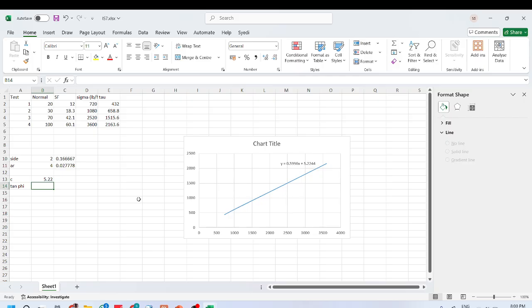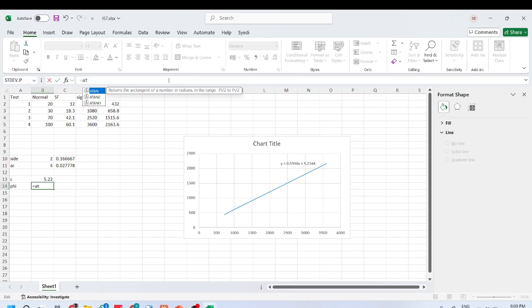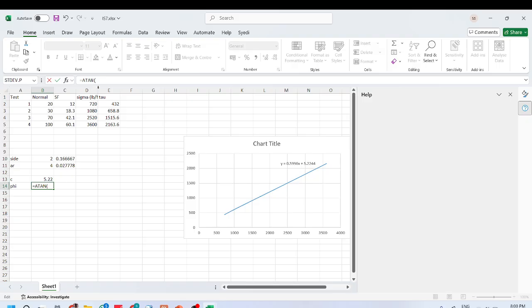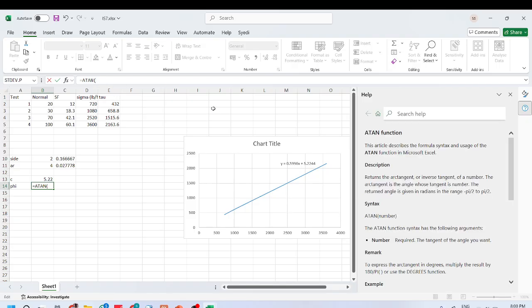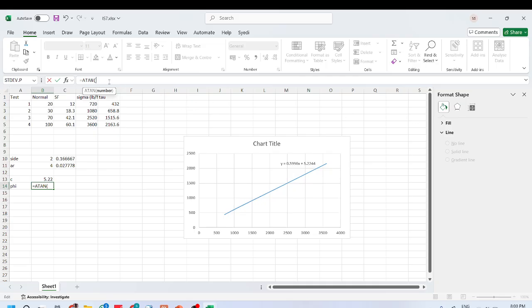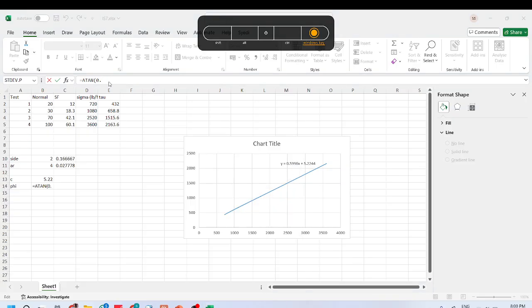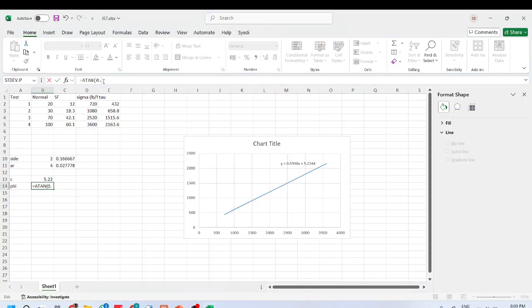Or we can say this will be the phi value, which will be tan inverse of 0.596.